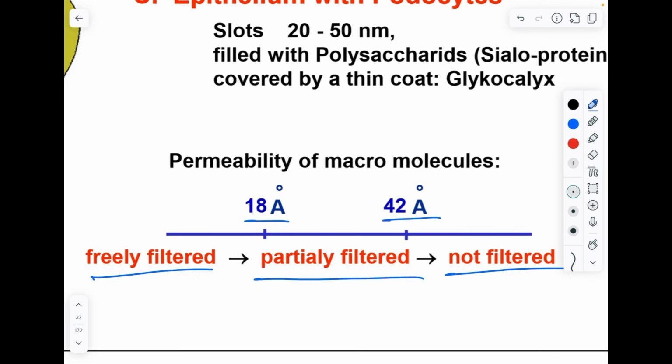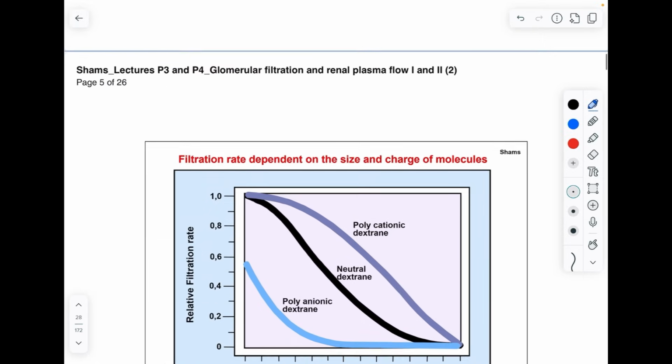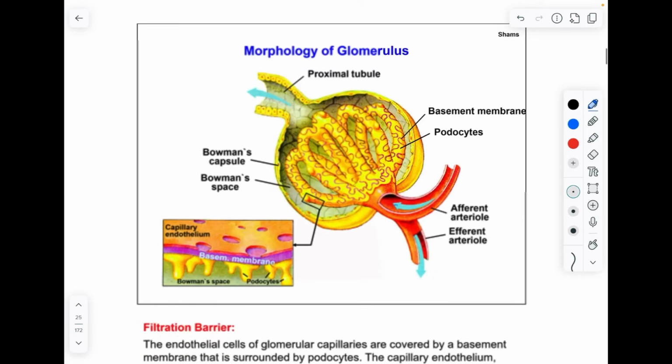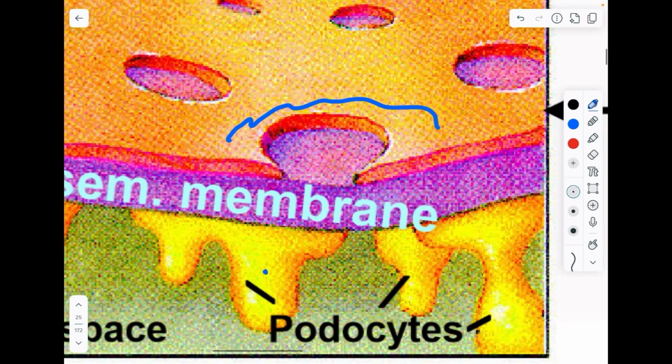Second thing is the charge of the ion or the molecule. Why? I will explain to you here. As we said, the substance is going like this, and then it's trying to be filtered. Now, if a substance is between 18 and 42, we said it's partially filtered. What does that depend on? On the charge. Why? Here, this is an endothelial cell, and this is a podocyte, and this is their basement membrane.